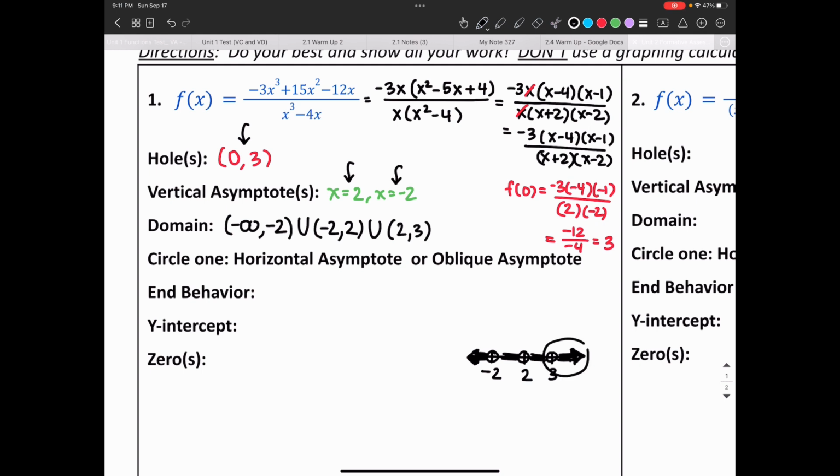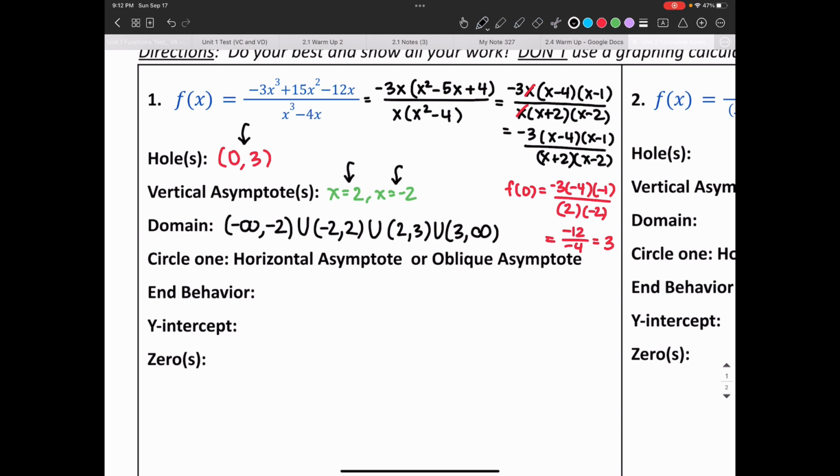And the fourth interval is 3 to infinity. And none of those numbers are included because they were all holes or vertical asymptotes. That shouldn't be shaded on my graph for x. So that's my domain.